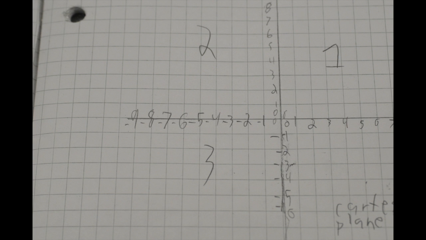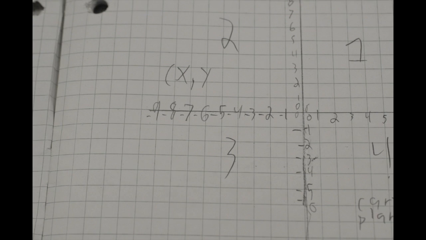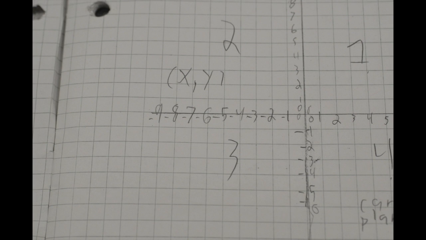The quadrants are numbered: positive and positive is 1, negative and positive is 2, negative and negative is 3, and positive and negative is 4. To mark out the spot where you want to put a dot, you go by the x-axis, which is the horizontal, and the y-axis, which is the vertical. And you always put the numbers in that order.